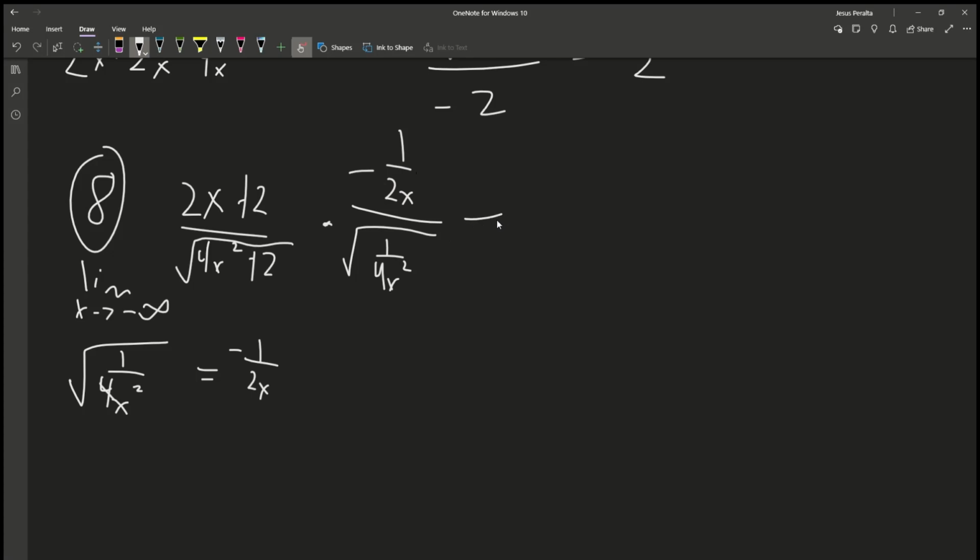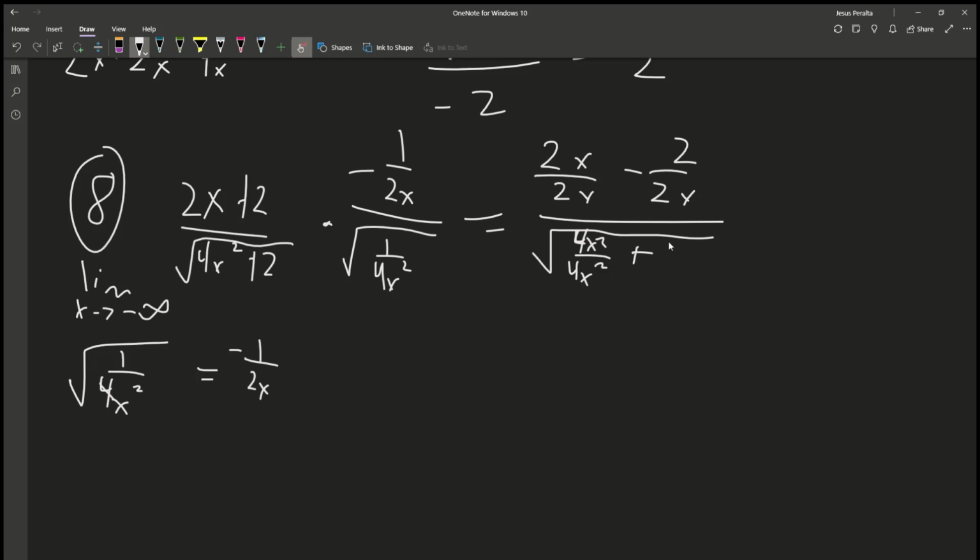So it's going to be 2x over 2x, and then that's going to be negative 2 over 2x, over the square root of 4x squared over 4x squared plus 2 over 4x squared.